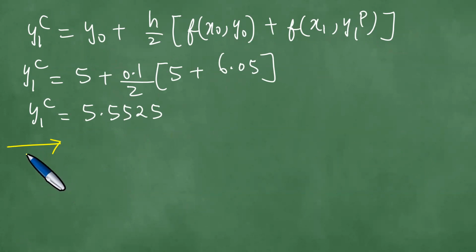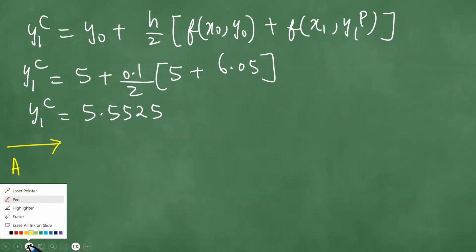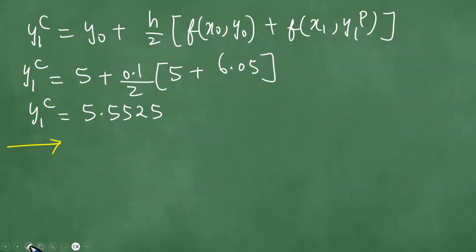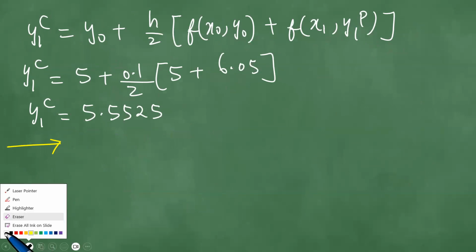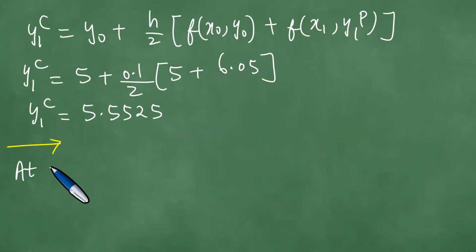Let's do the predictor now again. For example, at x1, which is 1.1, because x0 is 1, but h is 0.1.